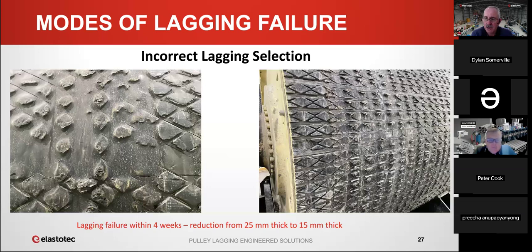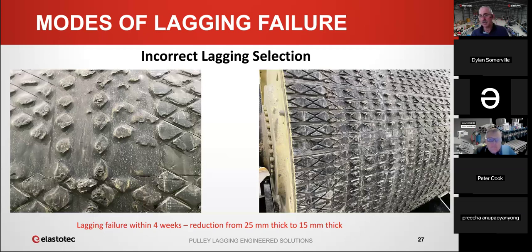The mine was going through a tonnage upgrade, and it wasn't a big upgrade, about 10%. And they increased the belt to an ST6300 with slightly thicker covers.